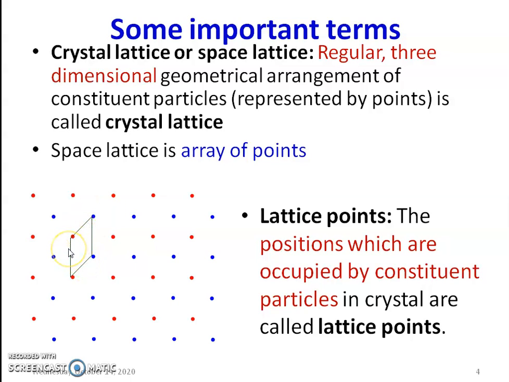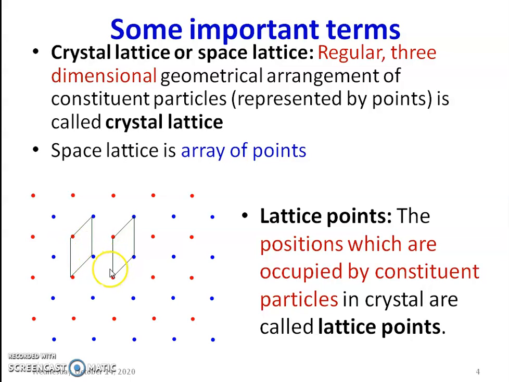So in lattice points, by joining the lattice points linearly, we get edges, and by joining particular lattice points aligned in the same plane, we get different planes. Now consider this plane formed by joining four lattice points. Similarly, consider another plane formed by joining these four points.